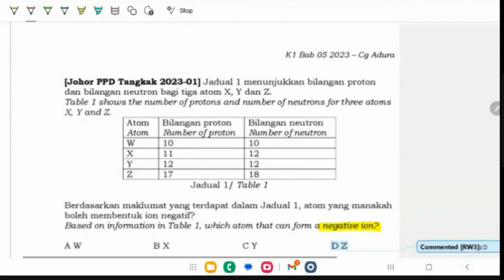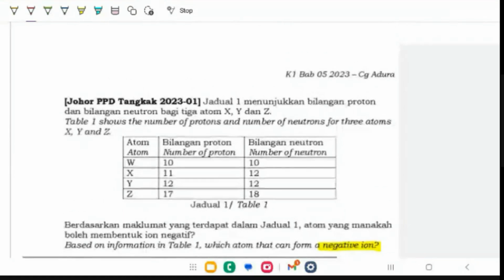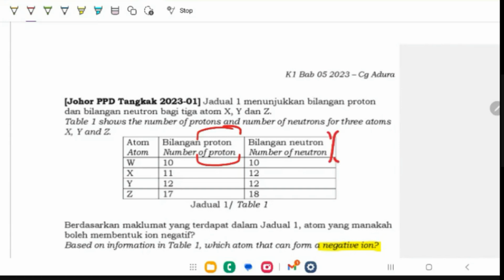We can search for the electron arrangement. So W first. What is the electron arrangement for W? 2.8, because it has 10 electrons. For the electron arrangement, we look at the protons.